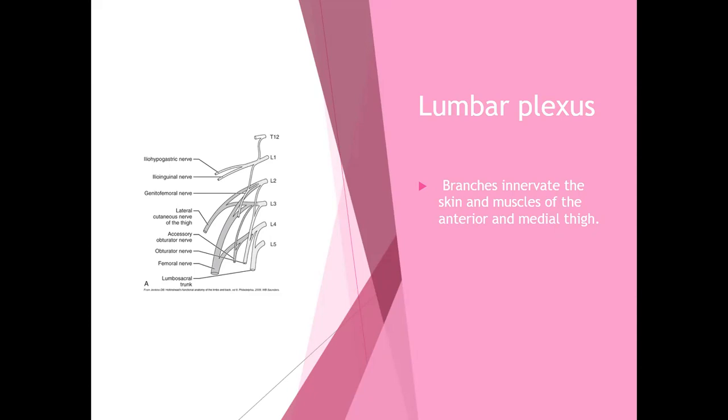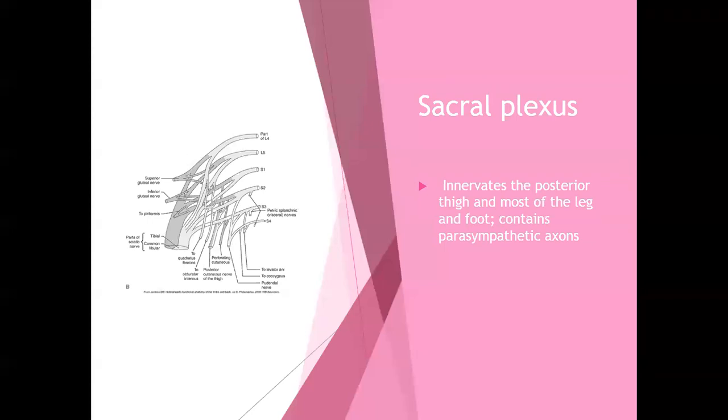The branches of the cervical, brachial, and lumbar plexuses provide sympathetic innervation via connections with the sympathetic chain. So they're all involved. The sacral plexus is located anterior to the piriformis muscle, and the plexus is formed by the anterior rami of S1 to S4. The sacral plexus innervates the posterior thigh and most of the lower leg and foot.